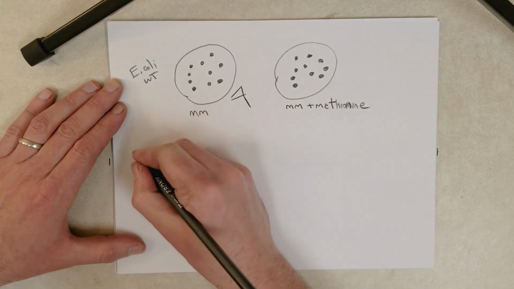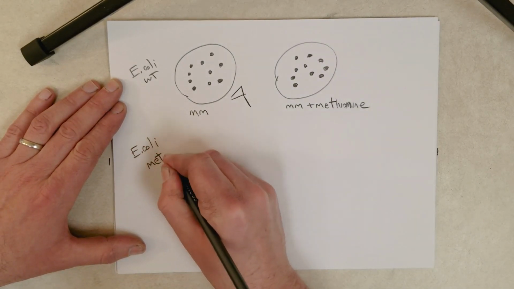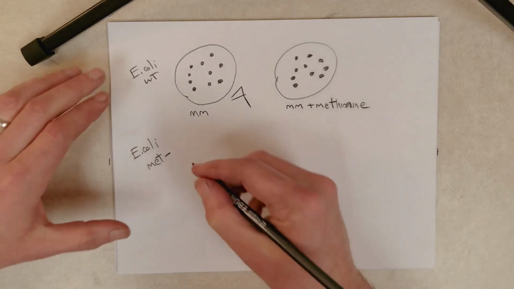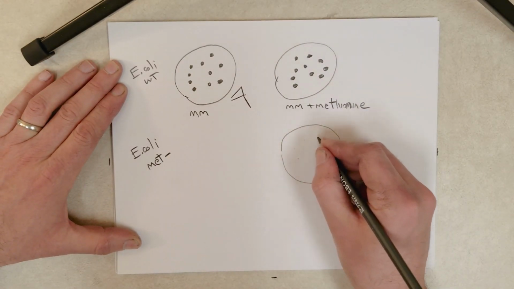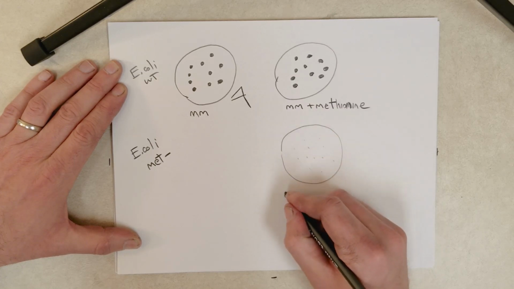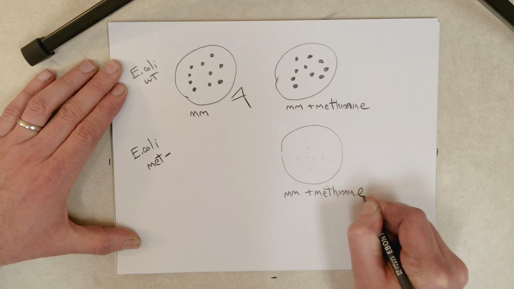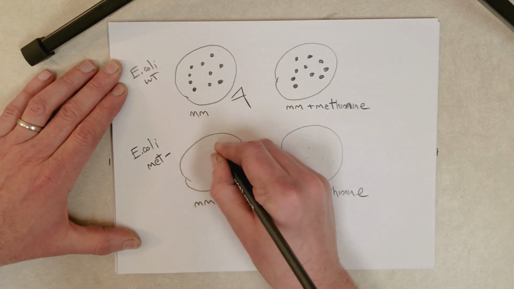Now, if we did the same thing with an E. coli met minus strain, a strain of E. coli that requires methionine in the medium, we put the 10 cells here, minimal medium plus methionine, and over here is just minimal medium, put the 10 cells here.